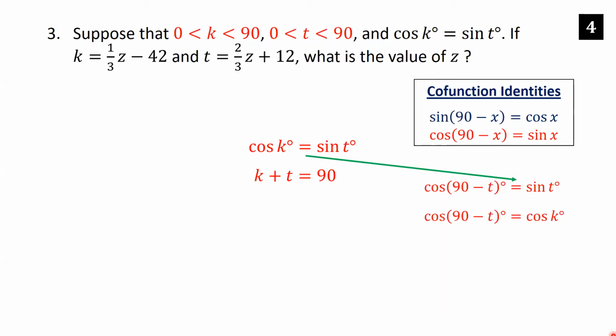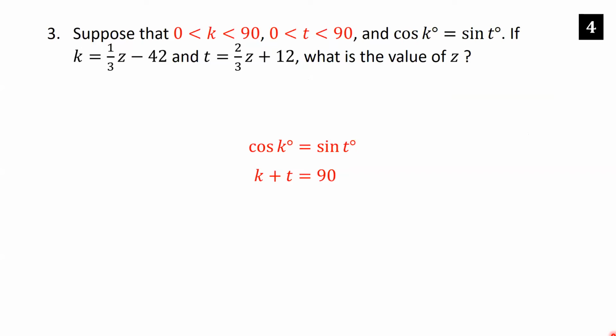So we can replace sine t with cosine k to get cosine of 90 minus t is equal to cosine k. And since k and t are both between 0 and 90, that means that 90 minus t has to be equal to k. And if we just add t to each side of that equation, we get that k plus t has to be equal to 90. Okay?